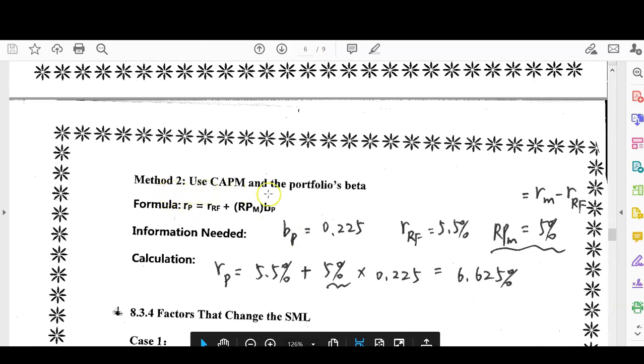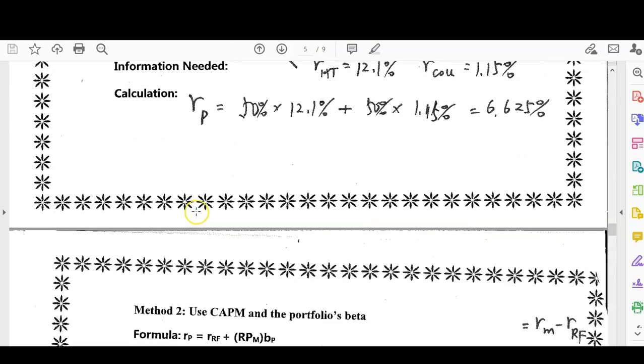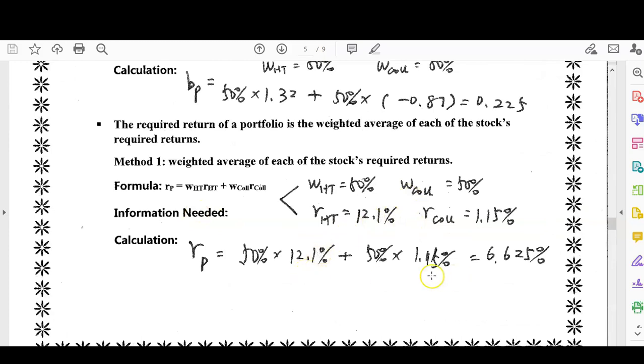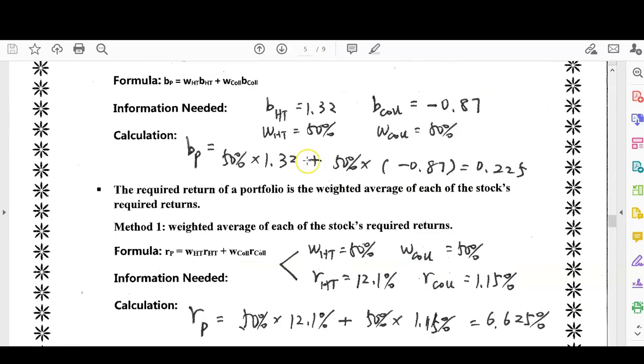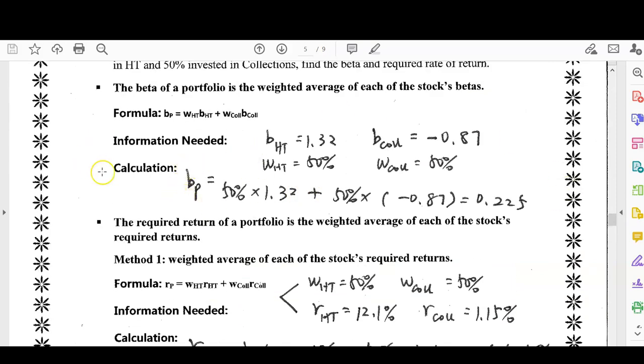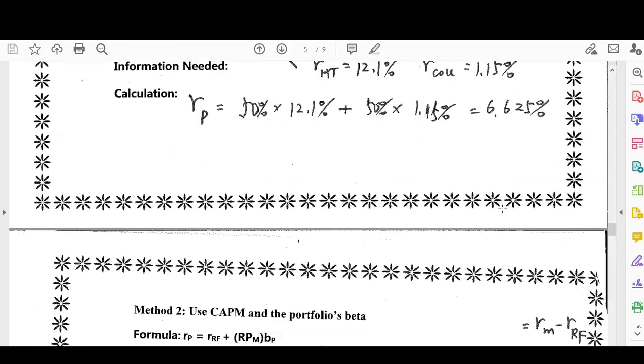Another way of calculating portfolio return is to calculate portfolio beta first and use the CAPM model to calculate portfolio return. So instead of using the 2 returns of the stocks multiplied by 2 weights to get the portfolio return, we can use the first step here to calculate portfolio beta as 0.225.